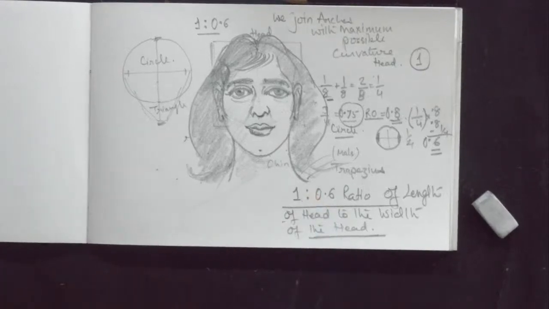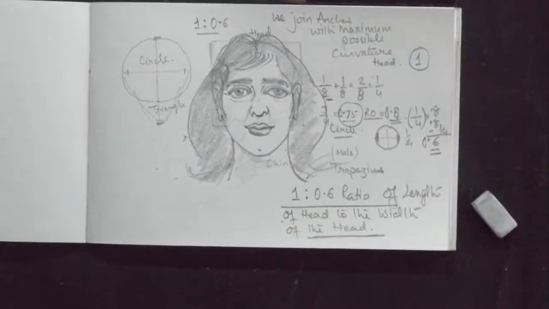Do you know you can make a human figure with the help of 16 trapezium, 4 rectangles, and 2 small circles, 1 semicircle.